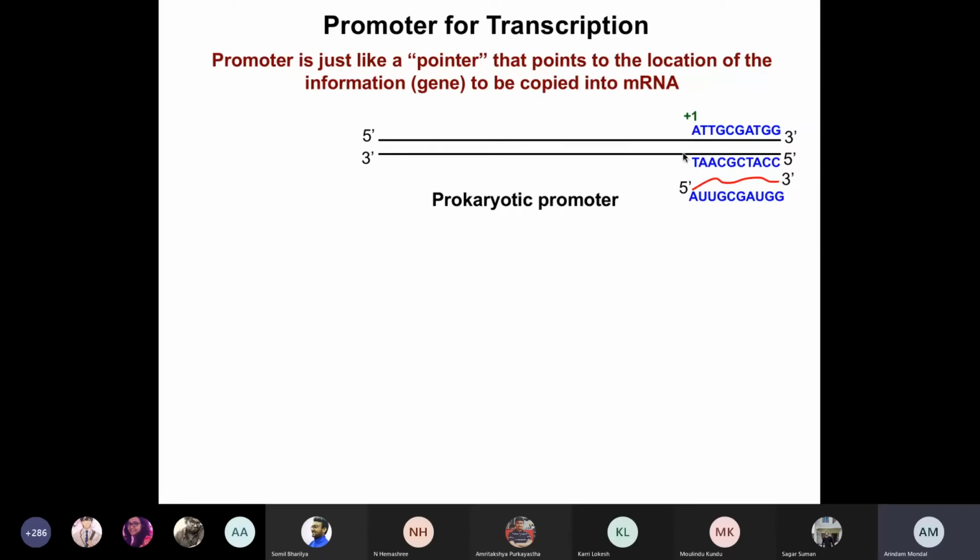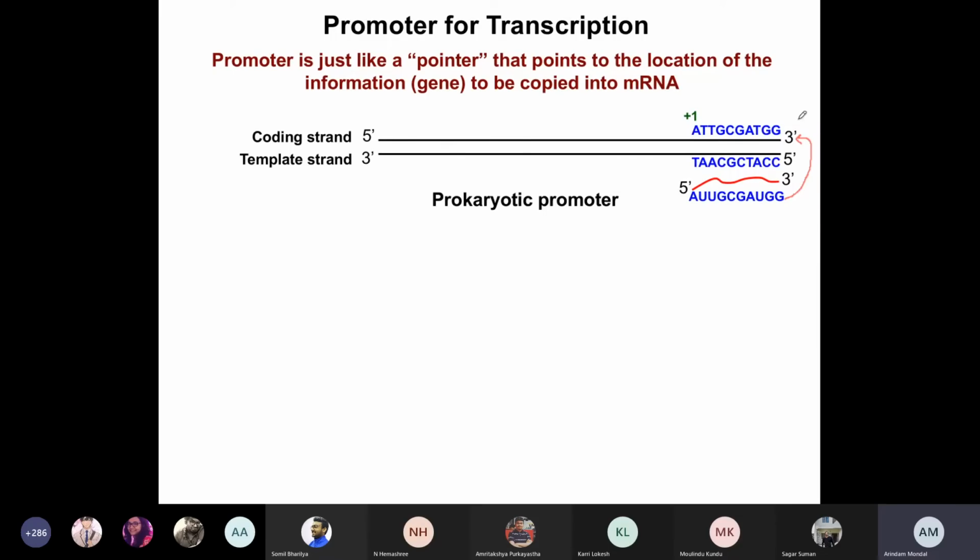And hence, as you can see, this should have exactly the same sequence as this strand, right? With the only difference being that the T's will be replaced by U. This particular strand will be named the template strand because it is acting as a template for the synthesis of the RNA, whereas the complementary strand will be named the coding strand.